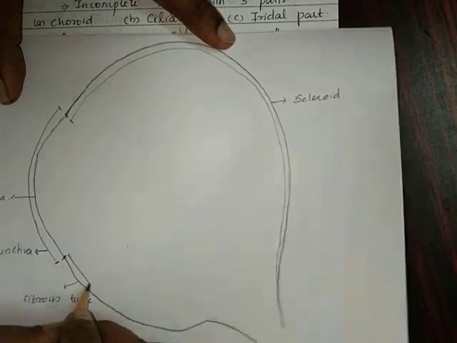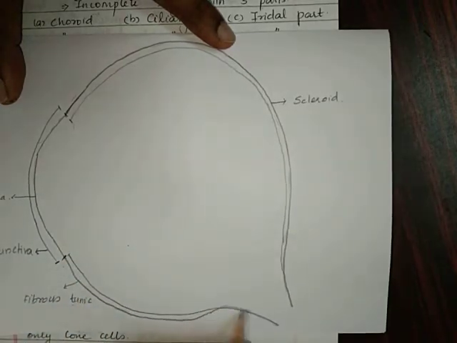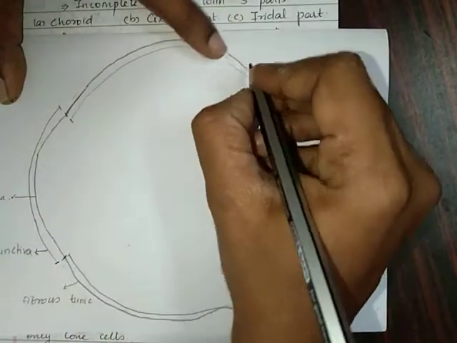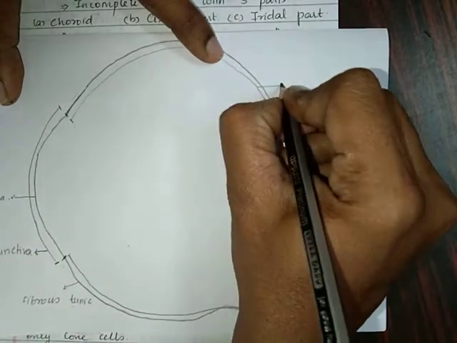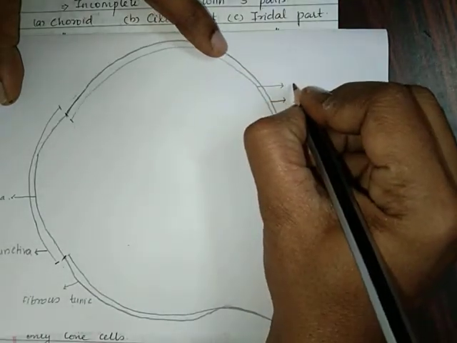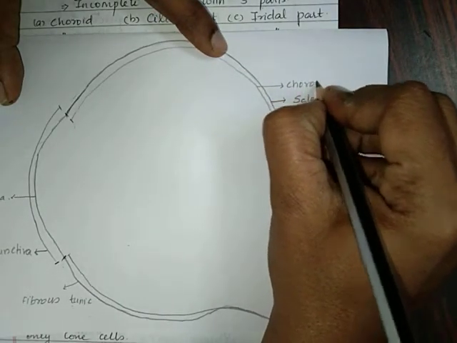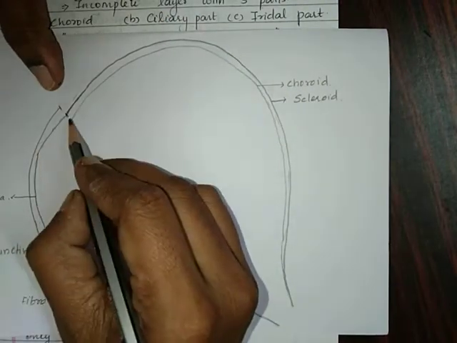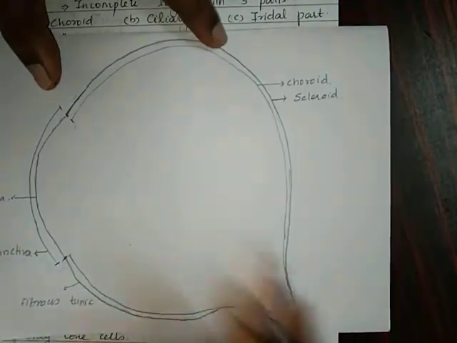So this layer that is immediately next to the sclera layer is called the choroid. It goes from the junction of the cornea and the sclera through the complete region.